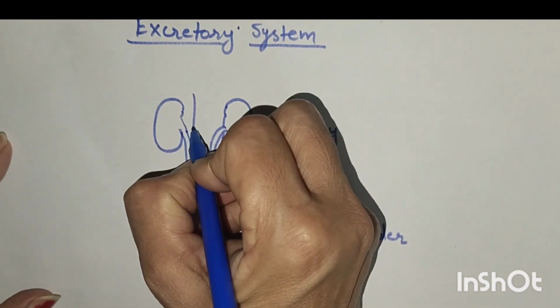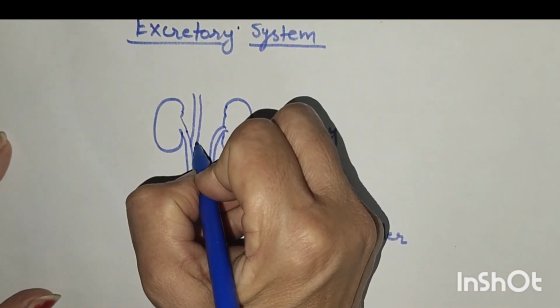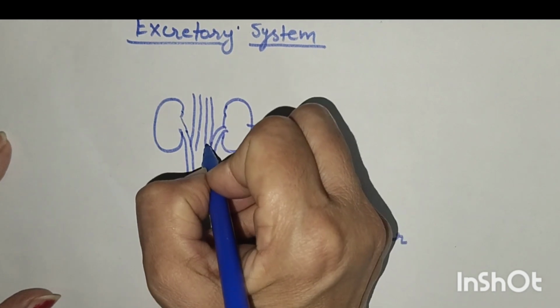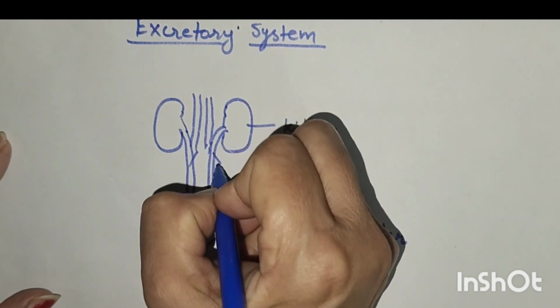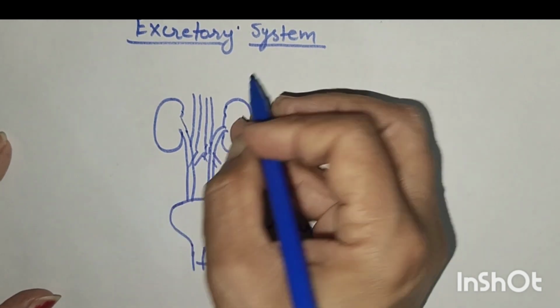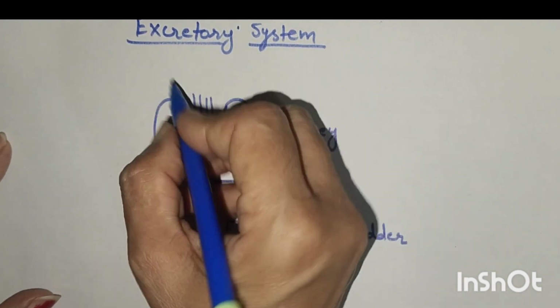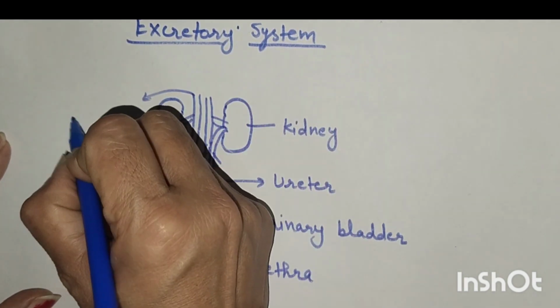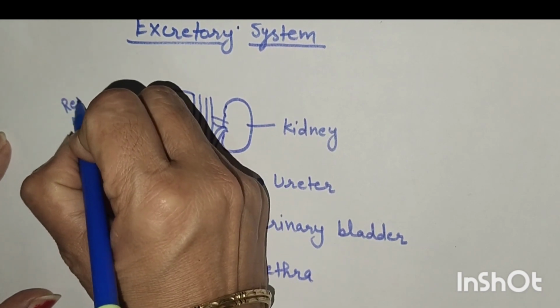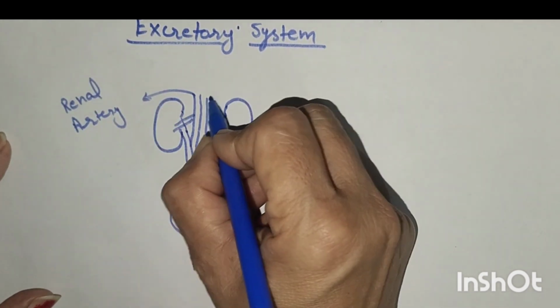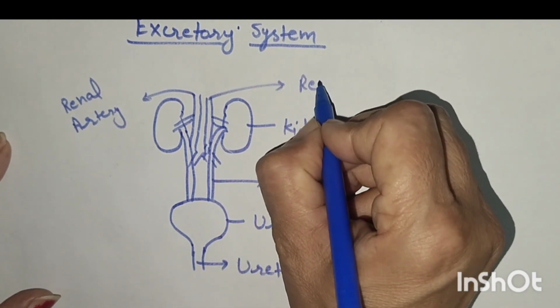Here are the arteries and veins that carry the blood to the kidney, the renal arteries and renal veins.